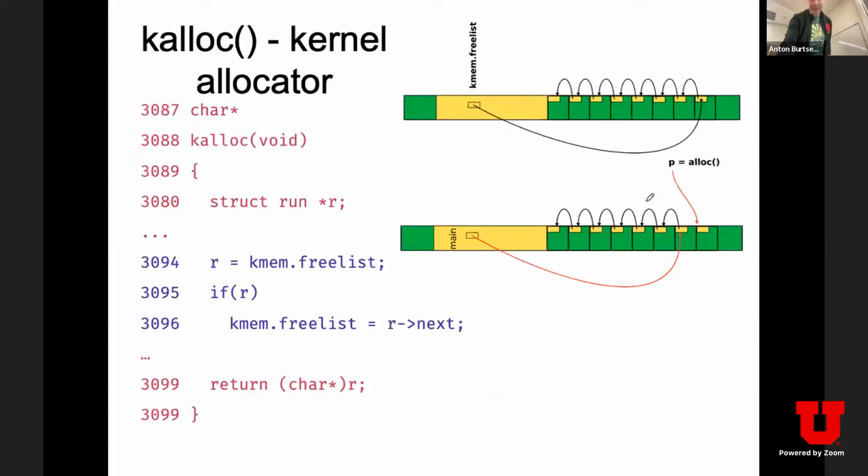Very, very simple. If we look at the source code of this data structure, again, super simple. I skipped a couple of lines here and we'll come back later to what's there. But literally, I take the head of the list. If it's not empty, I assign the head to R next.